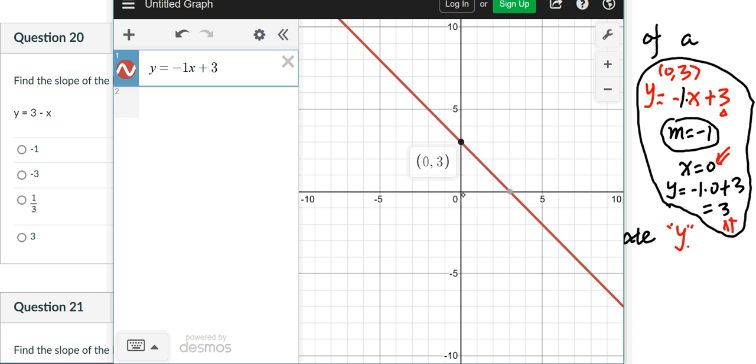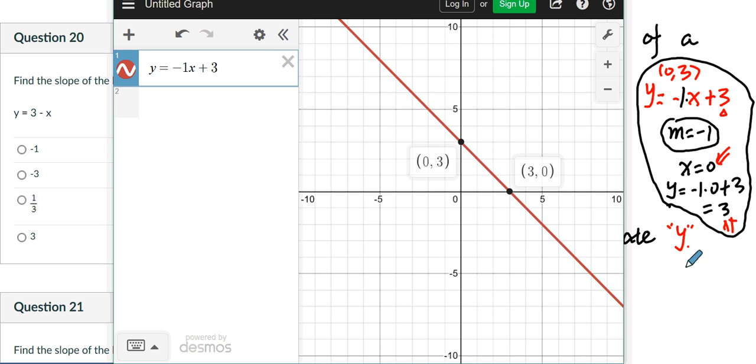It means when x runs 1, 2, 3 units, y actually goes down from here to here. When x gets bigger, the value of y goes from 3 to 0. Here is 3, the second coordinate, and here is 0. So that's why it is negative 1.